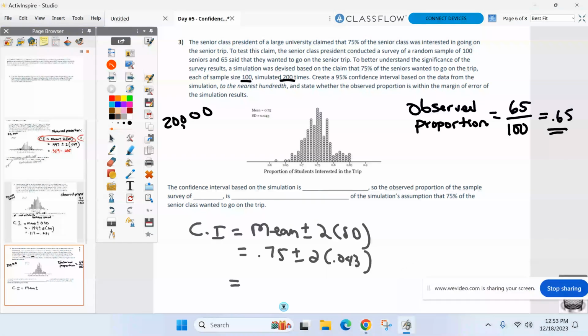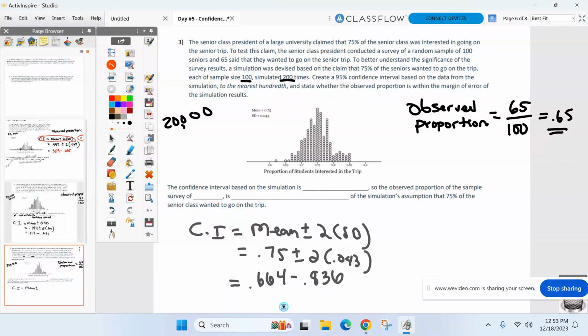What do you have for your confidence interval here? 0.664 to 0.836. So is that 100 you picked representative of the senior class? No, right?